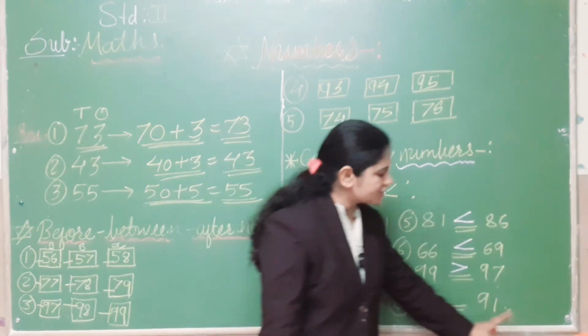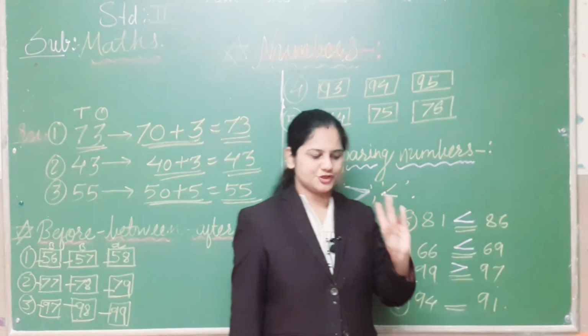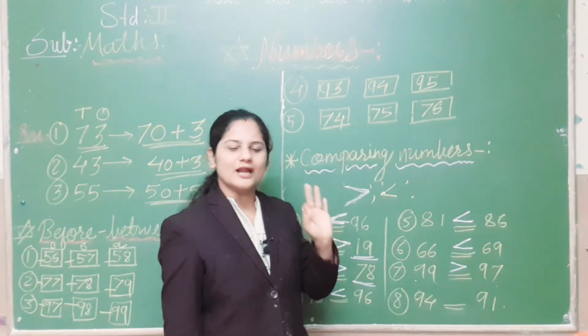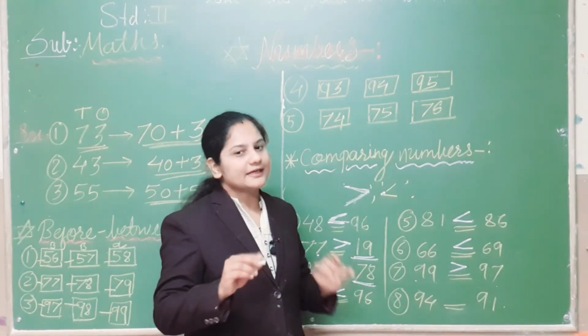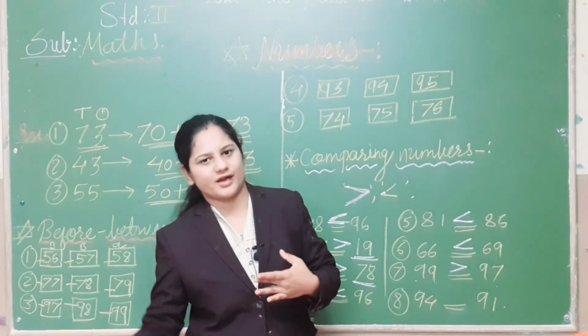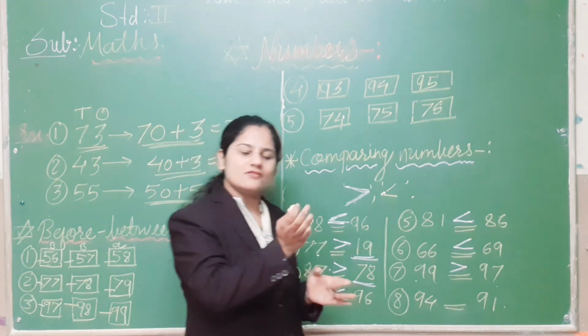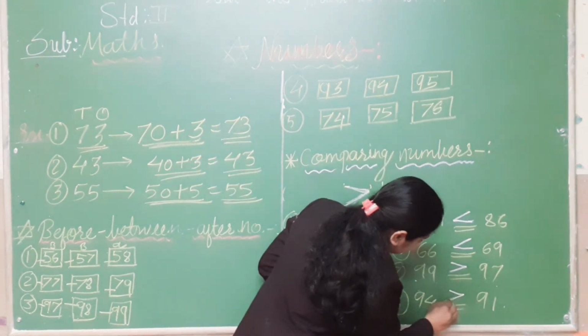94 and 91. 91, 92, 93, 94. 94 comes after 91. Keep in your mind that the after number is always the greater and the before number is always the smaller. Okay, 94 is the greater number here.